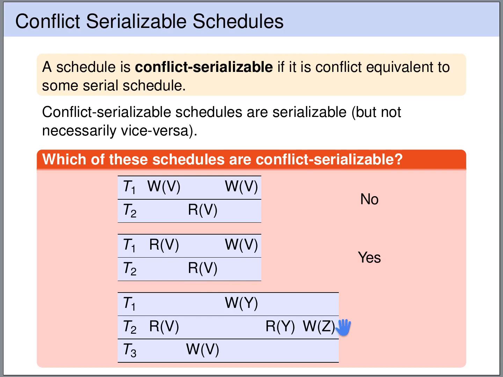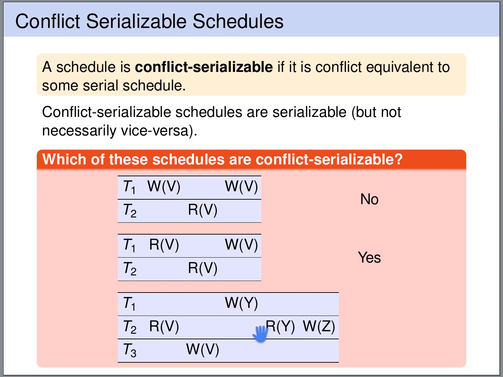Now the third example is a bit more complicated. Let's have a look. We have here a read of v followed by a write of v. So we cannot swap these two actions. This read we cannot get behind the write of v. So this means that T2 must be executed before T3. Moreover, we have here a write of y in T1 and then followed by a read of y in T2.